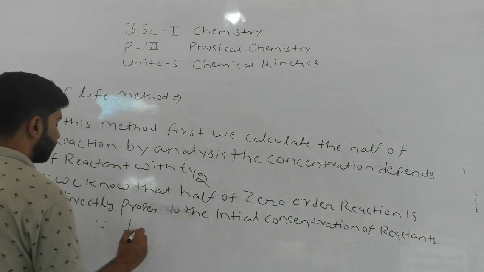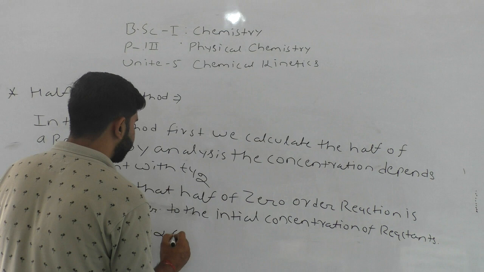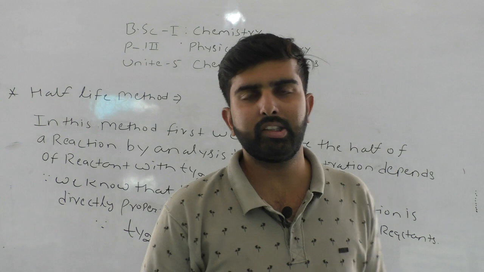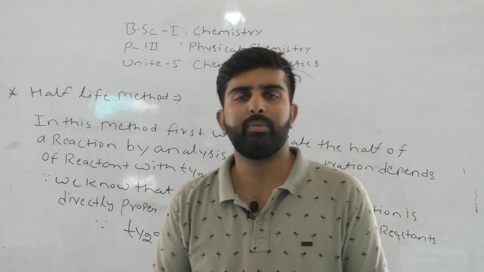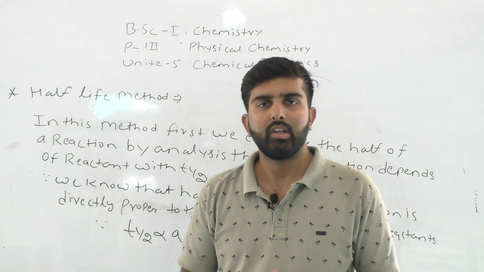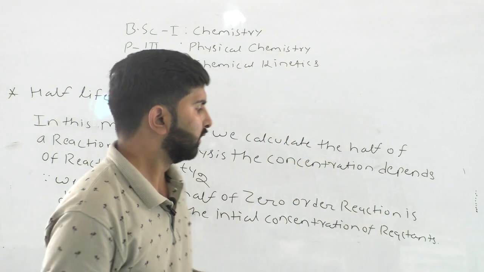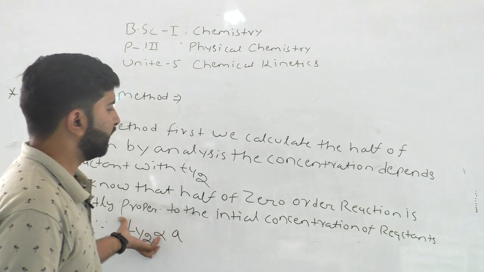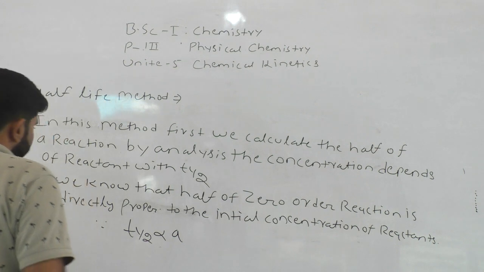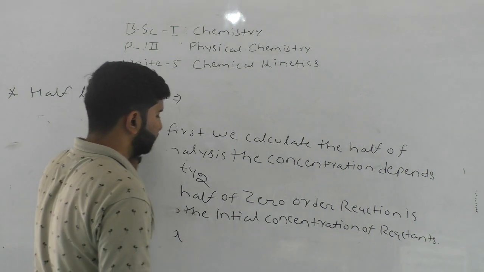Meaning t half is proportional to the initial concentration of reactants. So if in a chemical reaction we take different concentrations of the reactants and the half-life comes out different with increase or decrease in the concentration amount, then we say that the order of the reaction is 0. We explain this by an example.